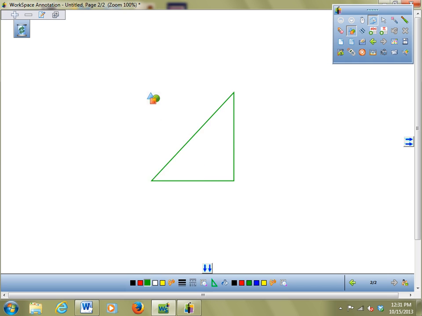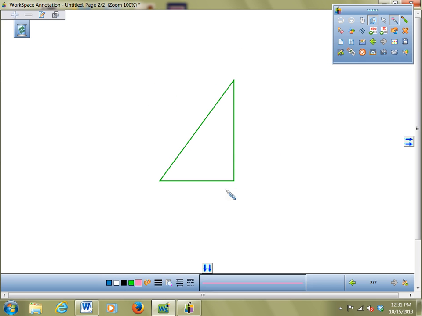Okay, so here's a triangle, and say you know that this side is 5, and this side is 13, and this side we don't know.